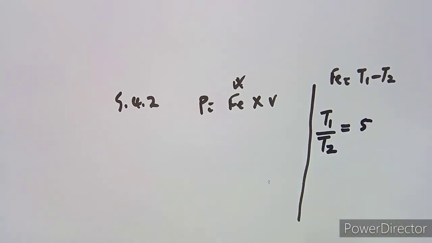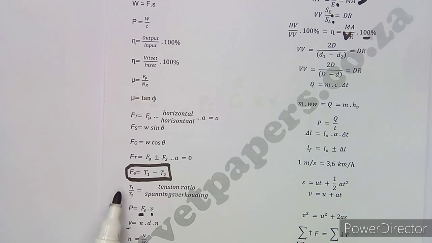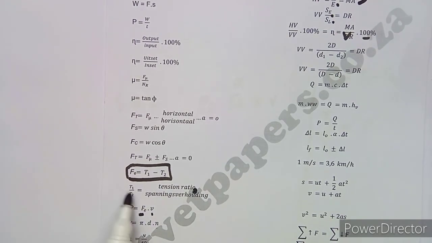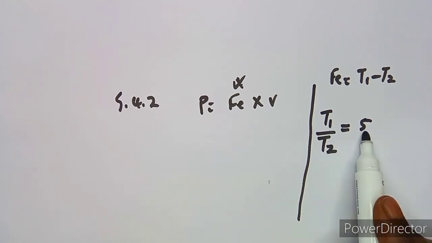That is the ratio of the tensions there. So we are also given that T1 over T2 is equal to the tension ratio, and your tension ratio is 5.